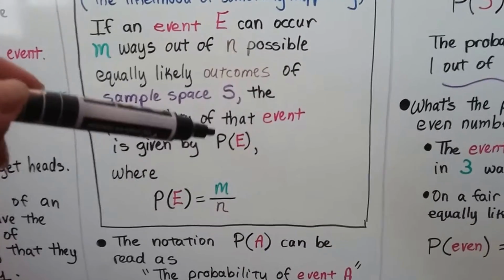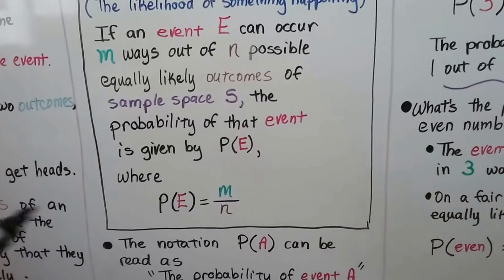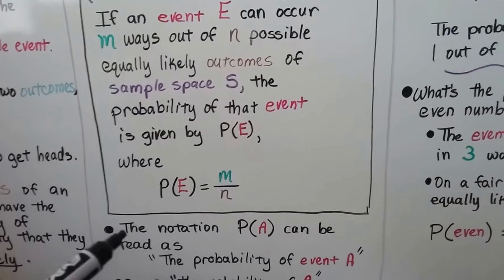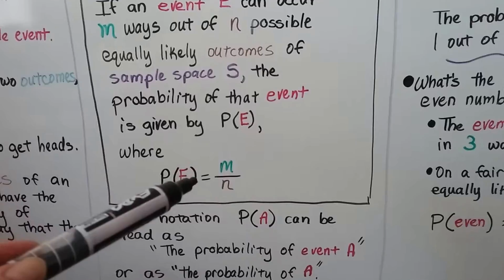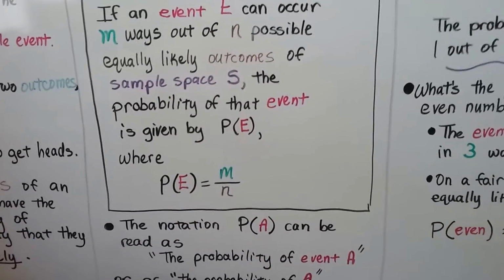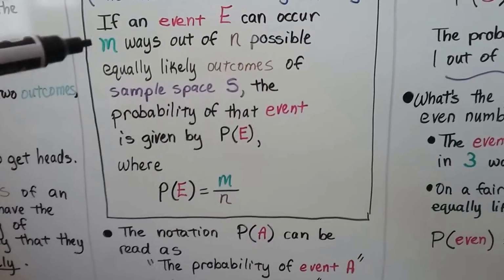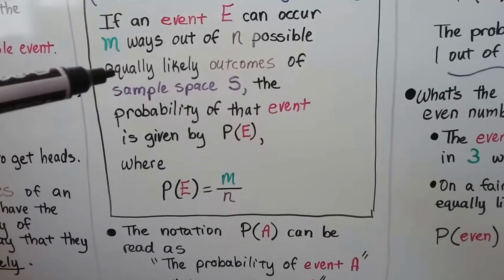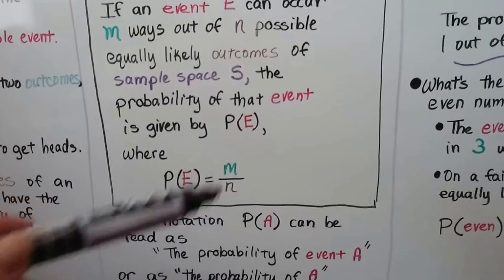This is the probability of event E, where the probability of E is equal to m over n, okay? It's m ways out of n possible equally likely outcomes.